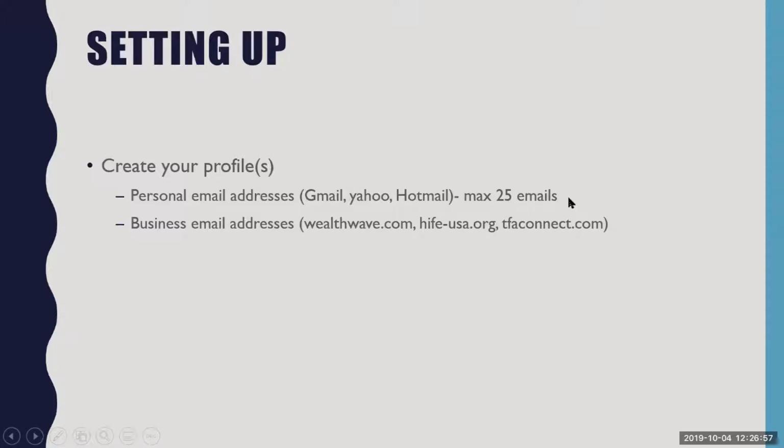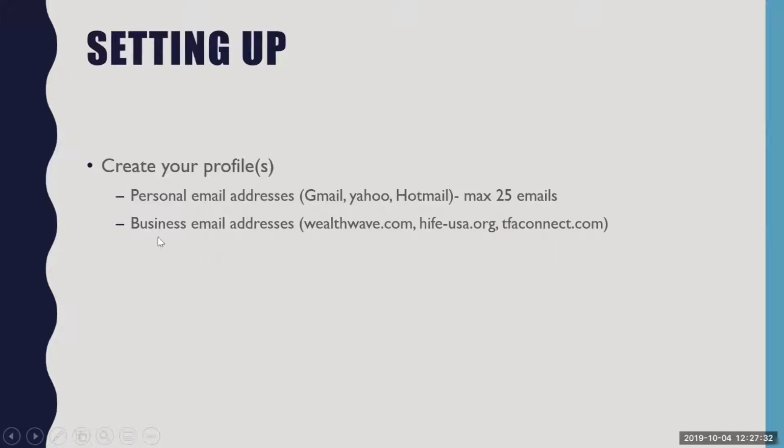Just keep that in mind, because you might get to a point where you have 500 contacts, and if you're still using a personal email address, you'll have to break that down into batches of 25. Now, if you have a business email address, if you use the premier marketing platform we all talk about, which is WealthWave, they give you a WealthWave business email address. If you are affiliated with Heartland, you get a Heartland email address. If you're with Transamerica Financial Advisors, you will get a TFA email address.